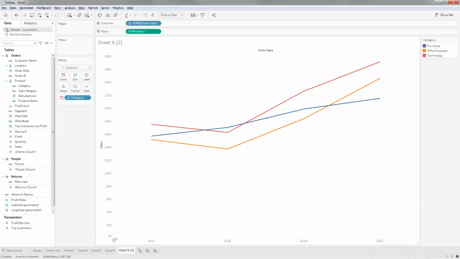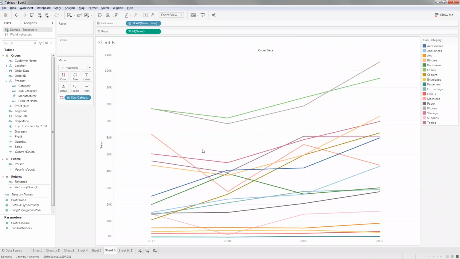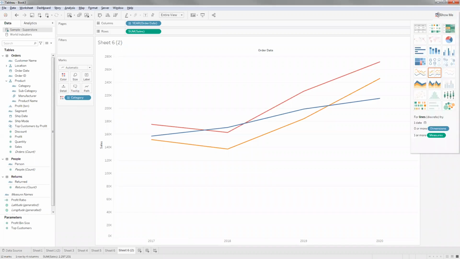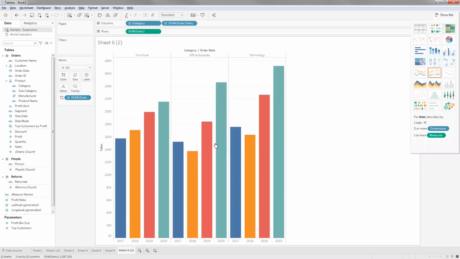Whenever we have more than 5 or 6 categories, it's recommended to go with lines. But when we have less than 5 categories, it's optimal for us to go with the option called, what do we call this? It's a type of bar chart, clustered bar chart. Yeah, clustered bar chart.